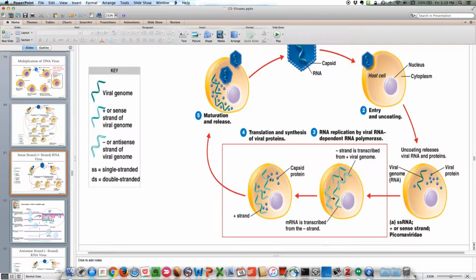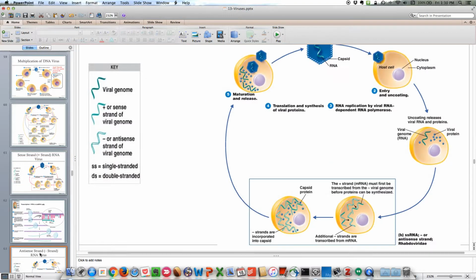And again, that's going to be mediated by the ribosomes. So if you put together the plus sense genome with the capsid proteins being assembled into capsids, you add all that together and you're going to have maturation of mature virus particles, which are eventually released from the host cell, either by budding or lysis of the cell.